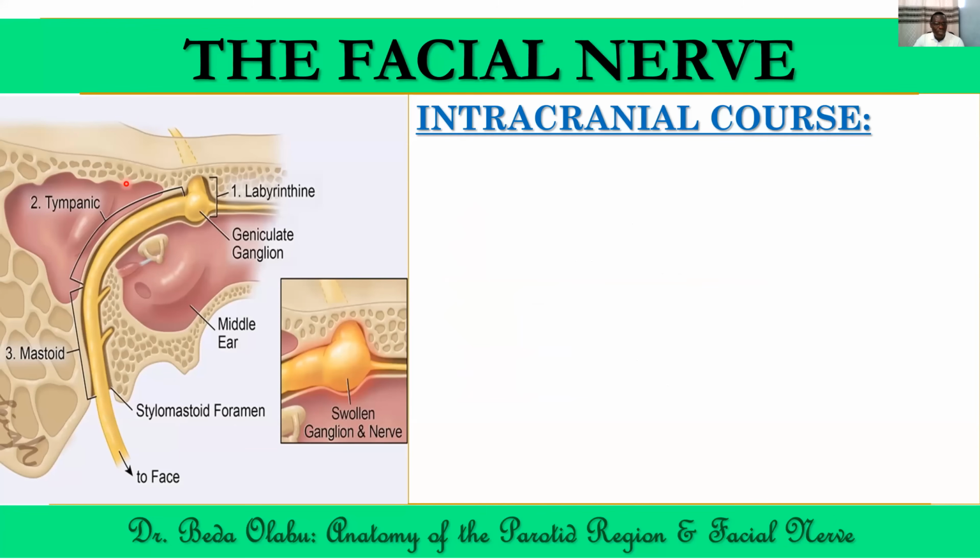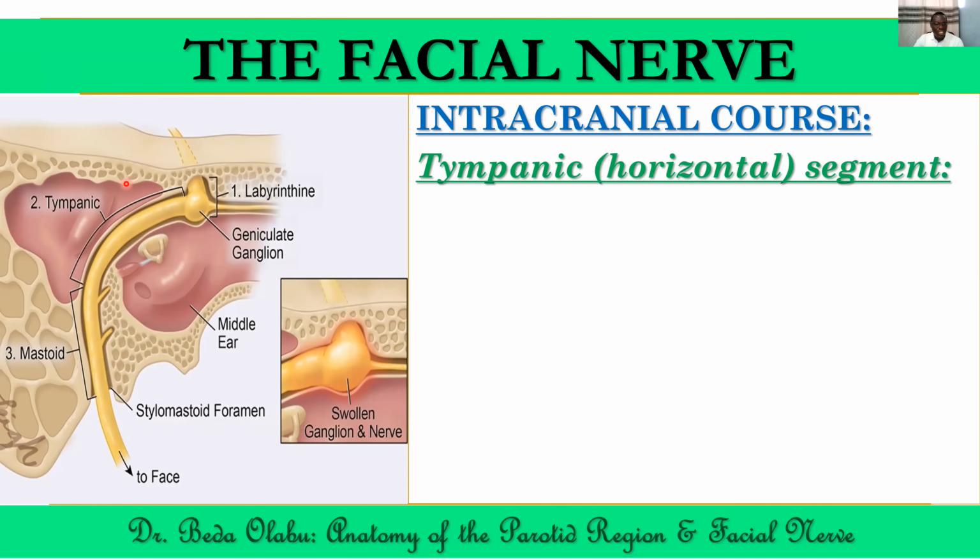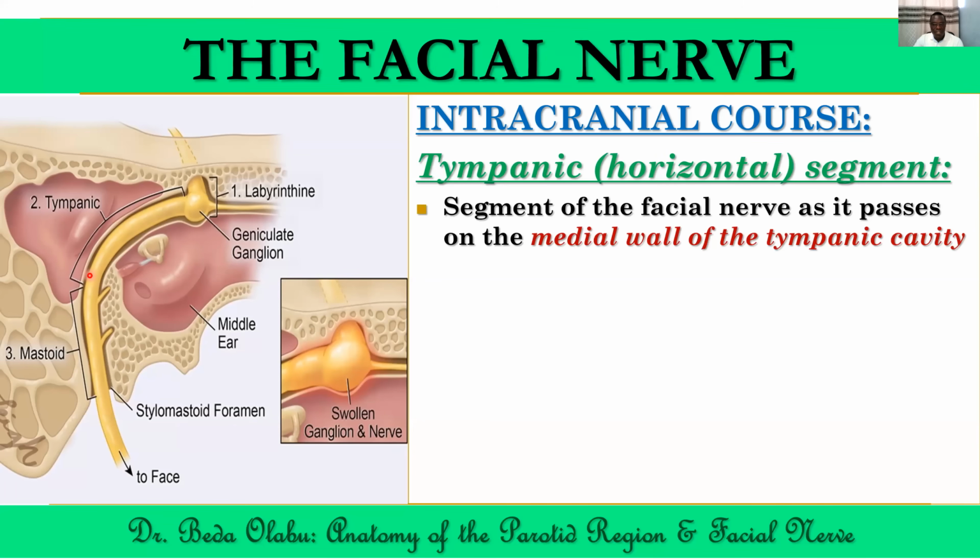After the labyrinthine segment, we go to the tympanic segment. This is the tympanic segment of the facial nerve. The tympanic segment is the part of the facial nerve that passes on the medial wall of the tympanic cavity.